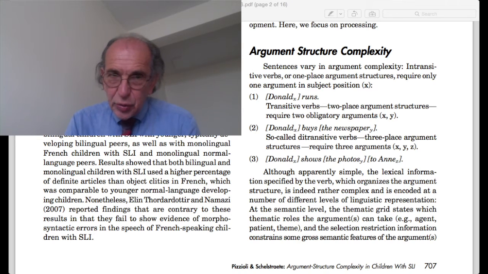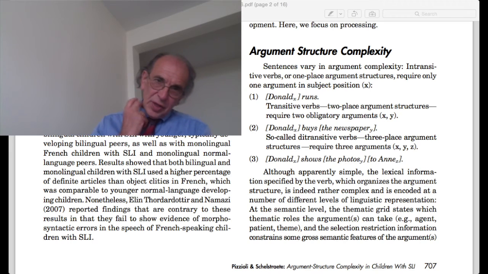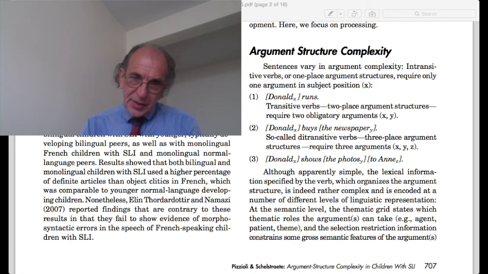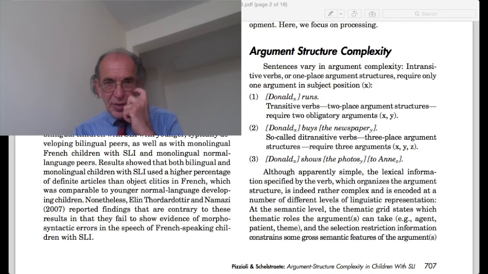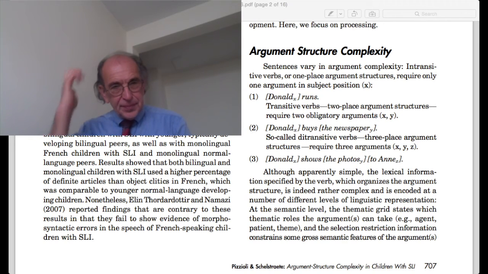No, you have to say to school. Donald runs to the park. Can you say Donald runs park? No, you have to say to the park. Therefore, runs is intransitive. It only takes a subject. It does not take a noun for a complement. We will get into that business in the other course, acquisition.